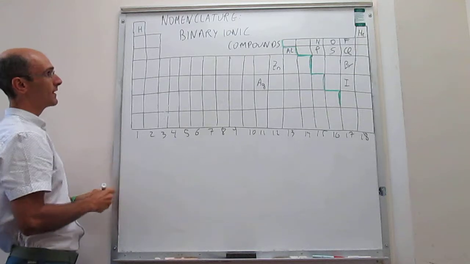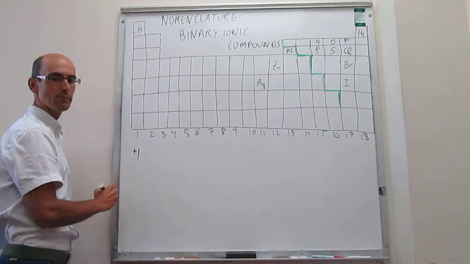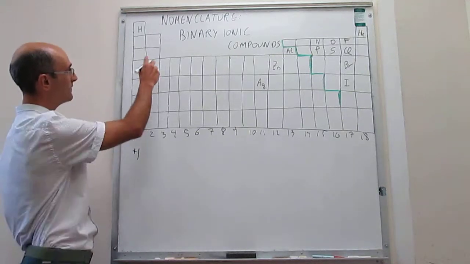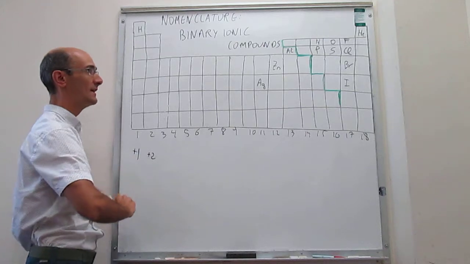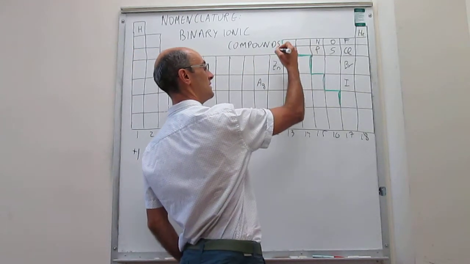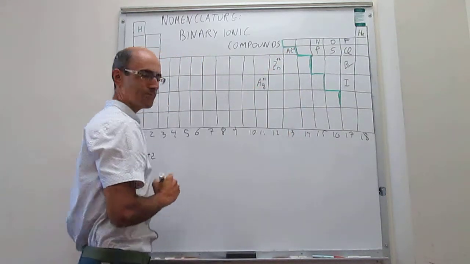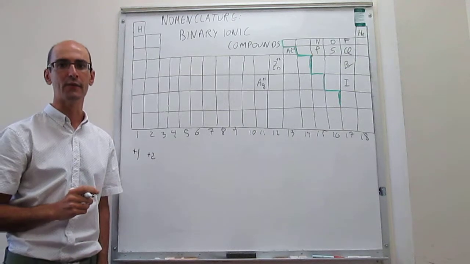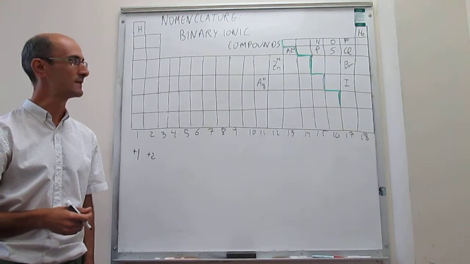If the cation is from the first column, it's going to have a +1 charge. If it comes from the second column, it's going to have a +2 charge. Aluminum will have a +3 charge, zinc a +2, and silver a +1. That is important for the name of the compounds, and to know what the formula is.